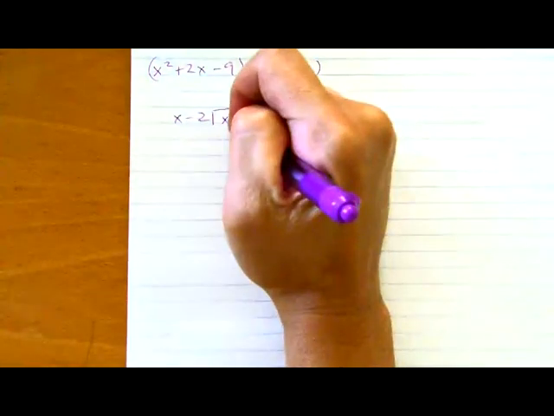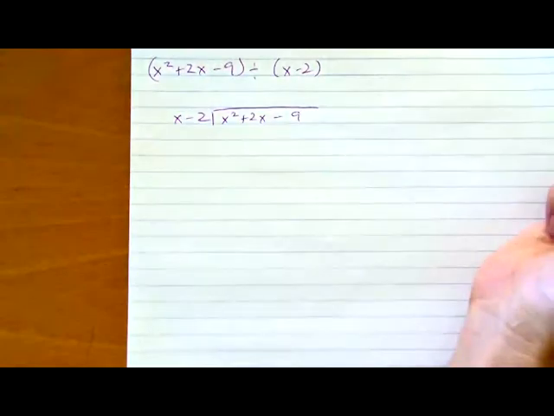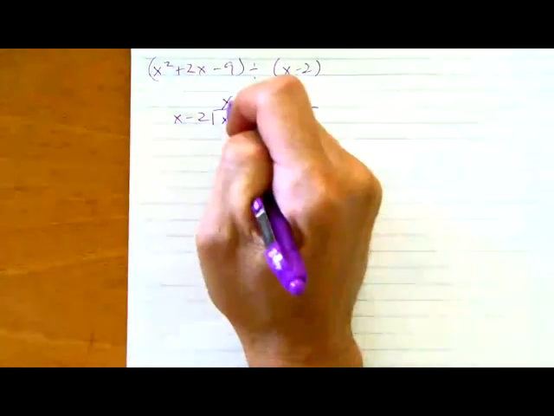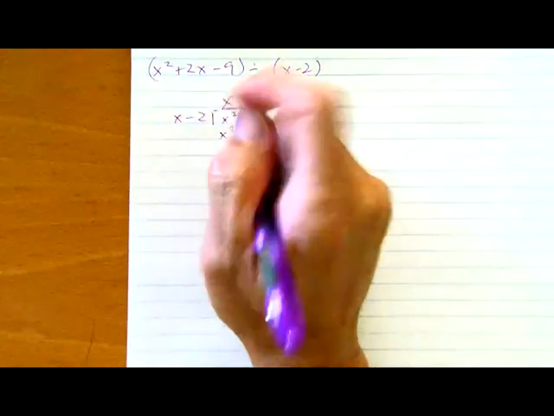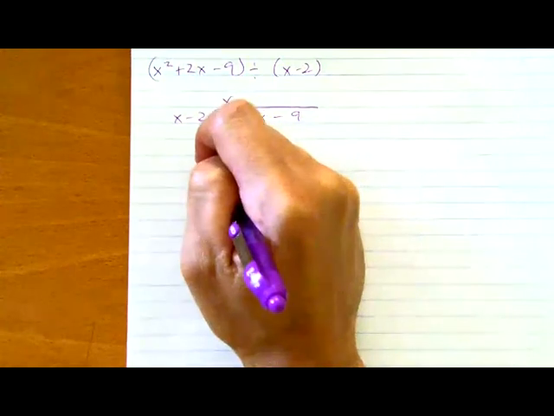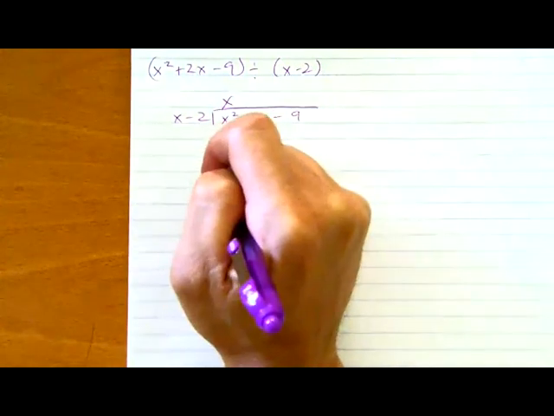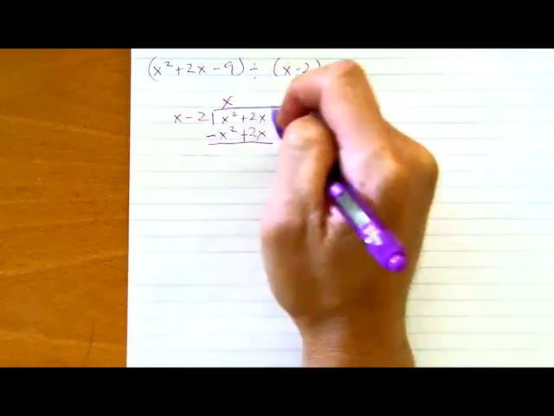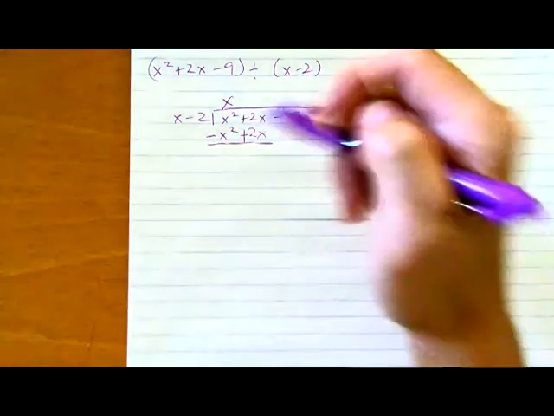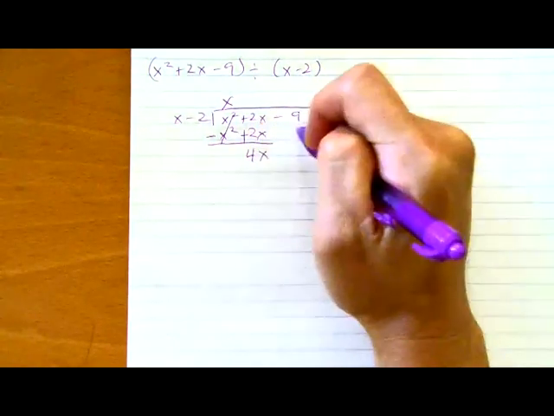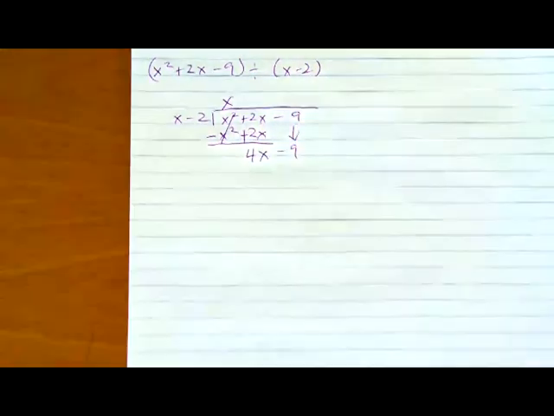Something times x is x to the second. x times x is x to the second. x times negative 2 is negative 2x. We're going to subtract. That means the signs change. This becomes minus, this becomes plus. If I add straight down in the column, this cancels. This gives me 4x, and then I can drop the negative 9.